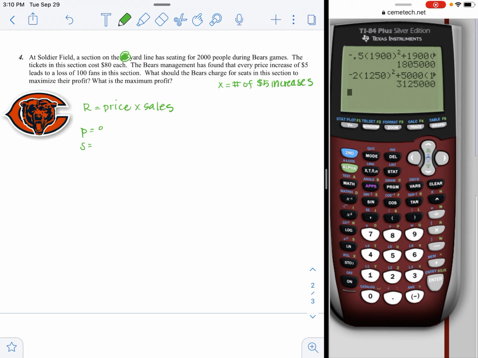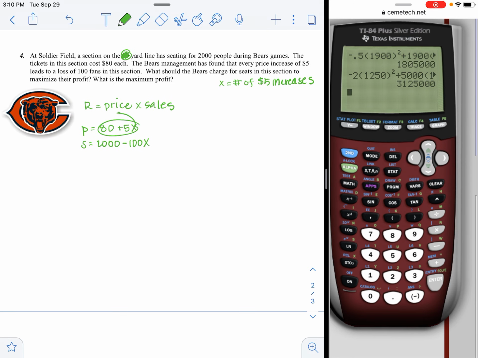All right, price. So they're $80 each, but they're considering doing $5 increases. Just, I don't know how many. So 5X. There might be 3 $5 increases or 10 $5 increases, it's just that being multiplied by that. All right, the amount sold. So it seems like they sell 2,000 tickets, but they lose 100 fans per $5 increase that they do.